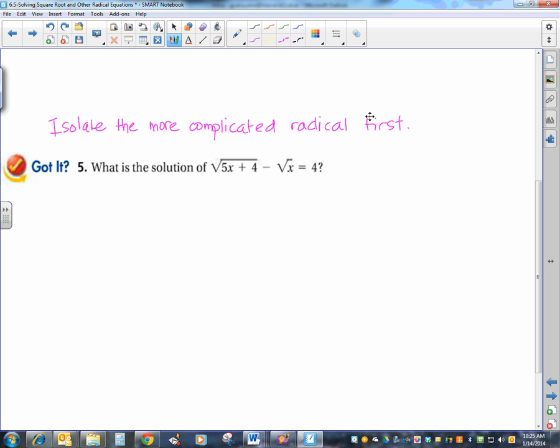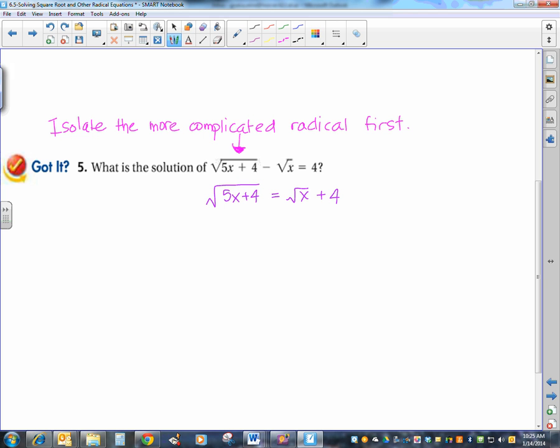That's okay. So which one is the more complicated? The one that has more than just an x term with it. Okay? But again, my index is a 2. So actually, before I do that, I need to move my radical over. So that's going to give me the square root of 5x plus 4 equals the square root of x plus 4.